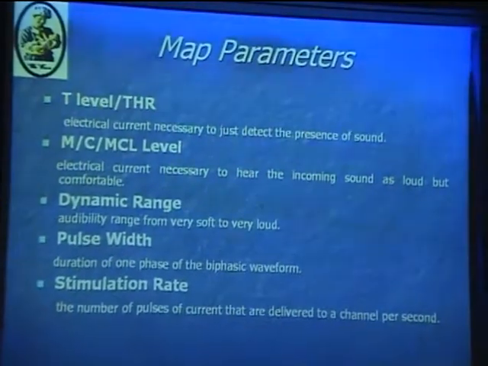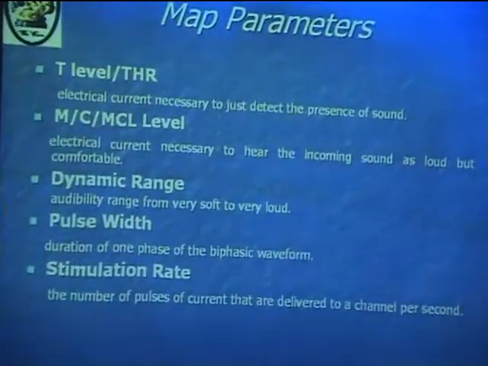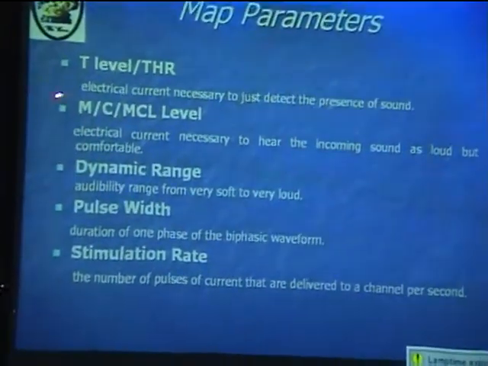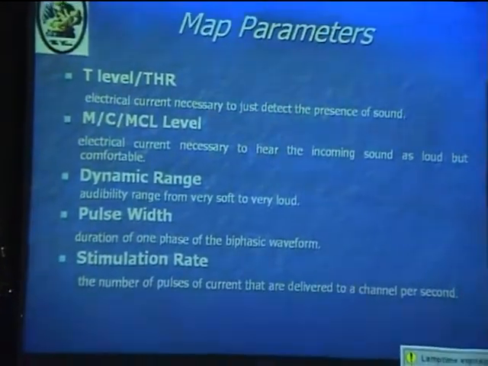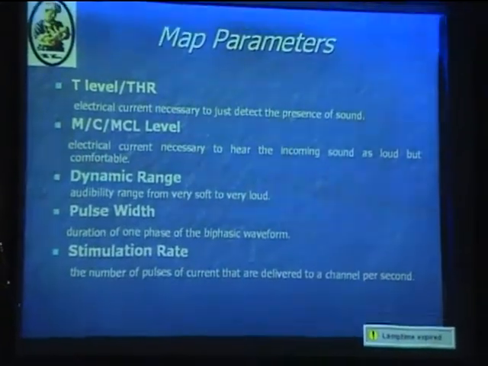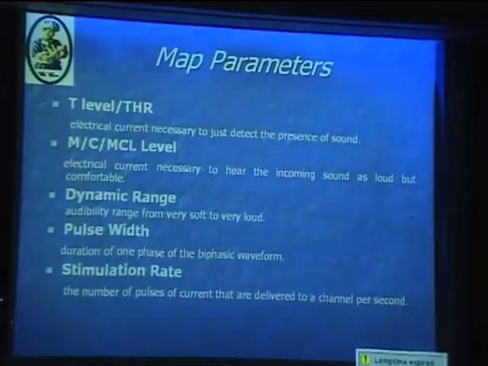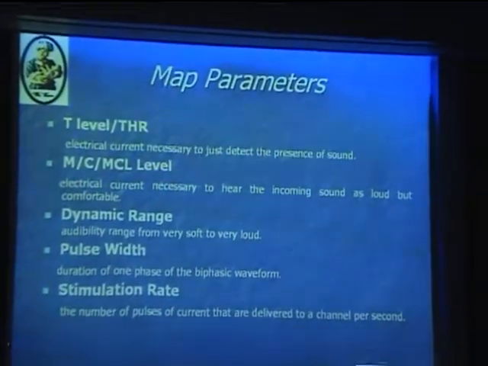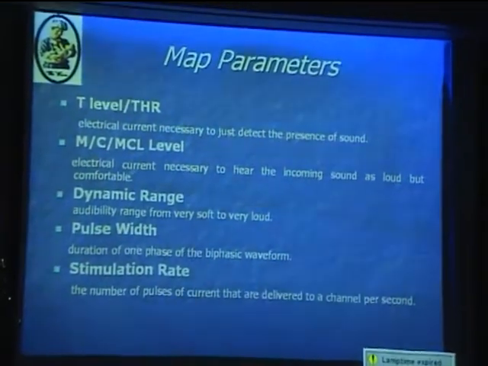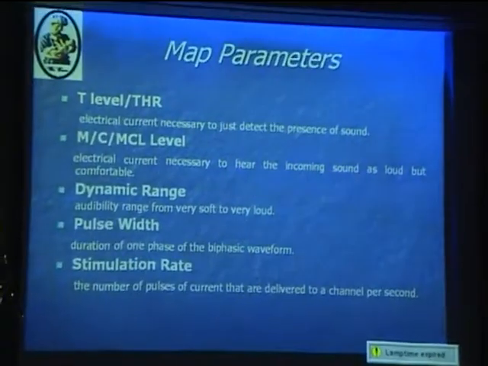It is important to know these parameters because basically these are the parameters that we are setting in a map. The most important ones are the T levels and the M levels, or the MCL levels. Basically the T level is the minimum electrical current required to stimulate the cochlea to produce a sensation of hearing, and the M levels are the most comfortable levels.